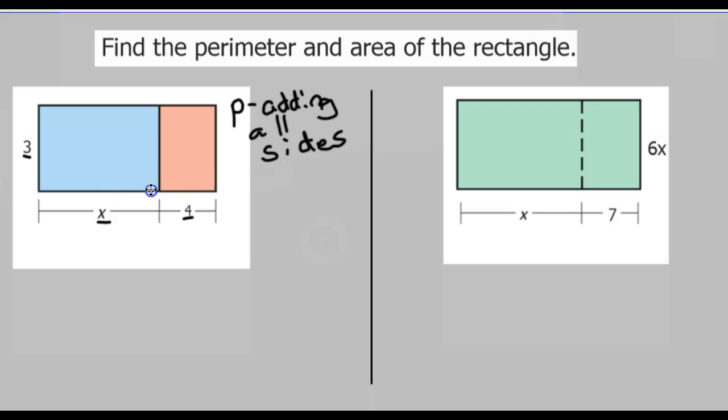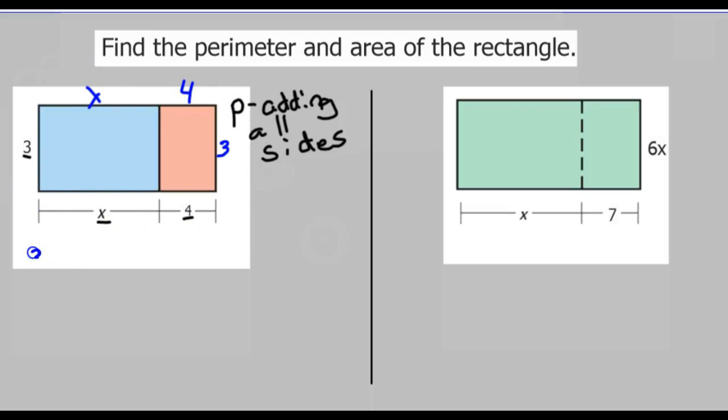So what we're going to do is we need to add a couple more sides. This side is similar to this side, so we know that this is going to be x. This side is similar to here, so we know that this side is going to be 4. And we know that this side here is similar to this, so that's going to be 3. So we're just looking at the outside, the perimeter of the entire rectangle.